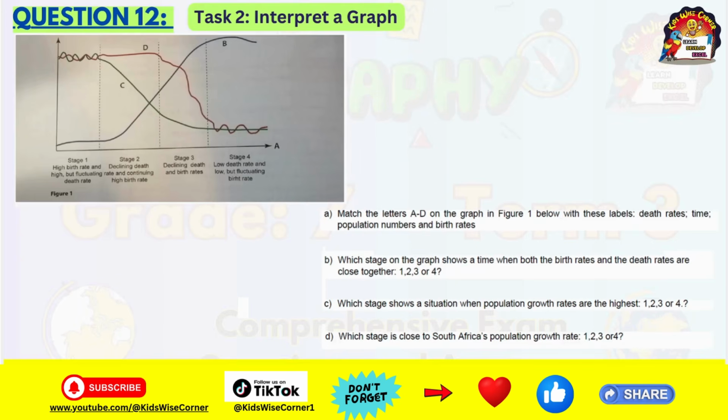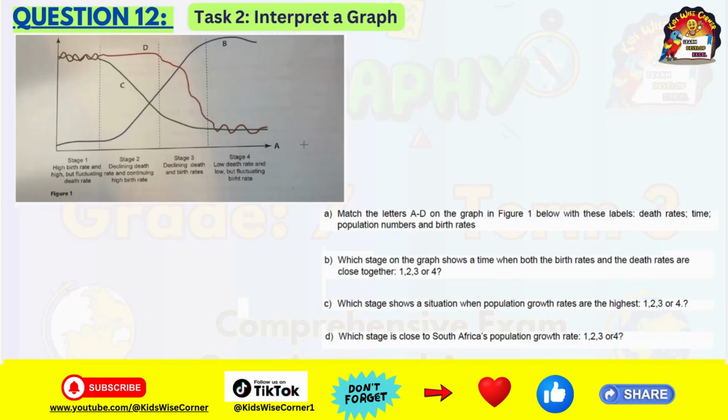Task 2. Match the letters A to D on the graph in figure 1 below with these labels: death rate, time, population numbers, and birth rates. So we have identified that line A is the time at the start and at the end of the graph.